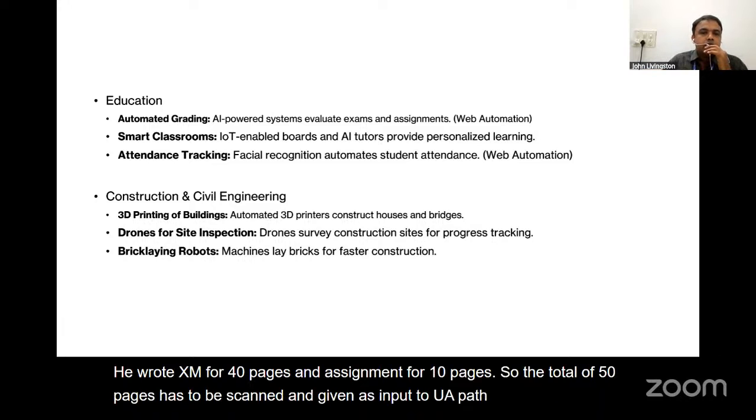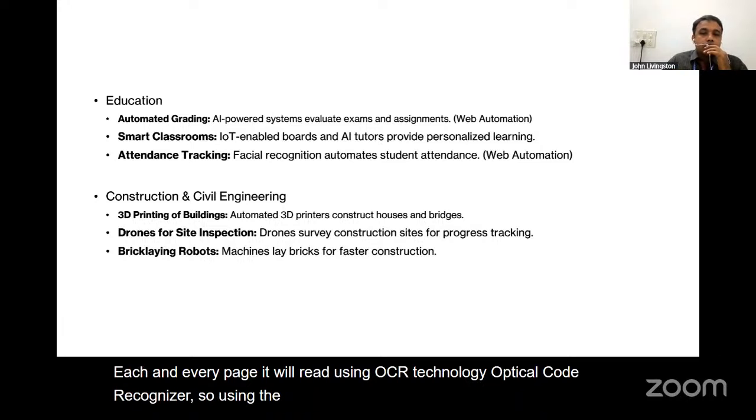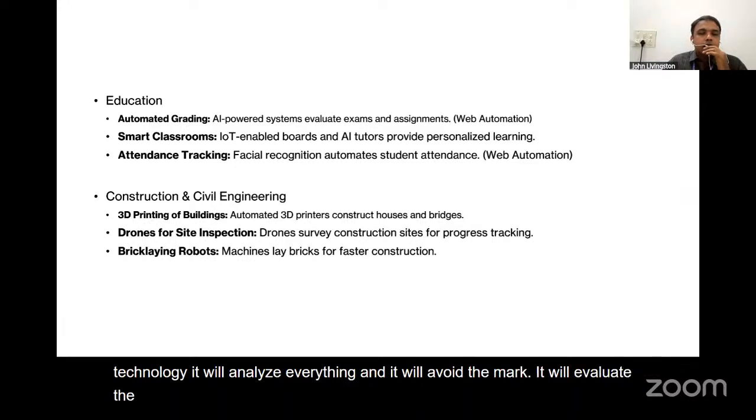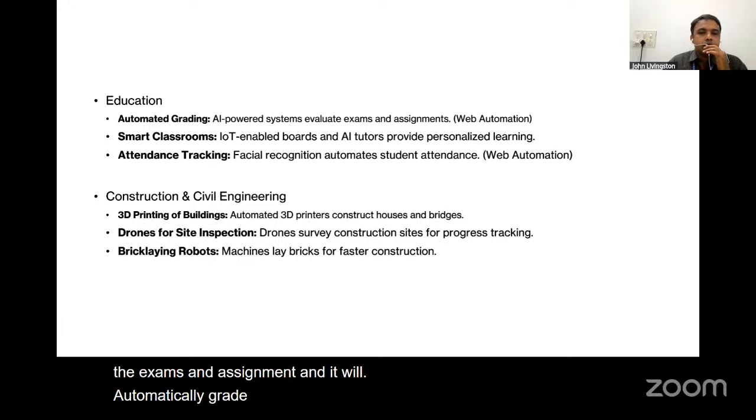The UiPath will verify each and every page. It will read using OCR technology, optical character recognizer. Using this technology, it will analyze everything, evaluate the exams and assignments, and automatically grade the performance of the student.